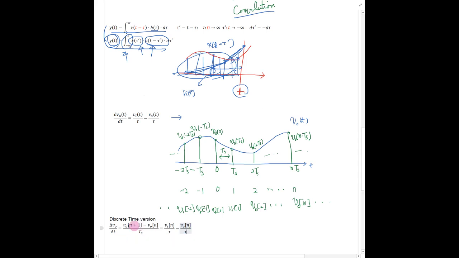So this equation is the discrete version of the continuous-time equation.